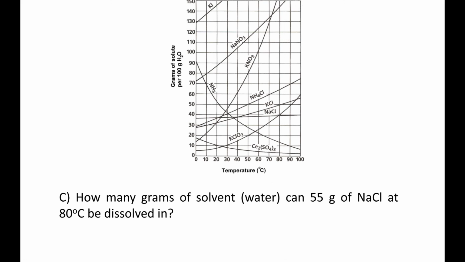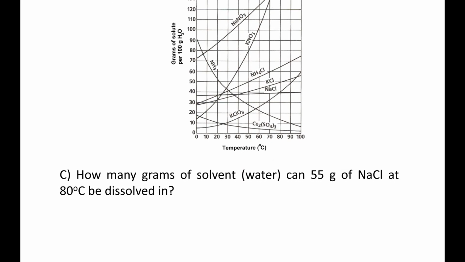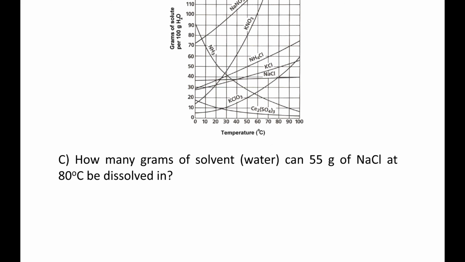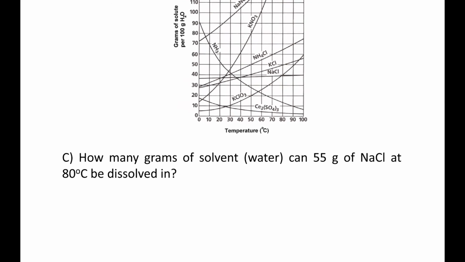Last one. How many grams of solvent or water can 55 grams of NaCl at 80 degrees Celsius be dissolved in? Okay, so this time we're looking for the water. So we're going to still start out with our 100 grams of water here, but this time we have 55 grams of the solute.